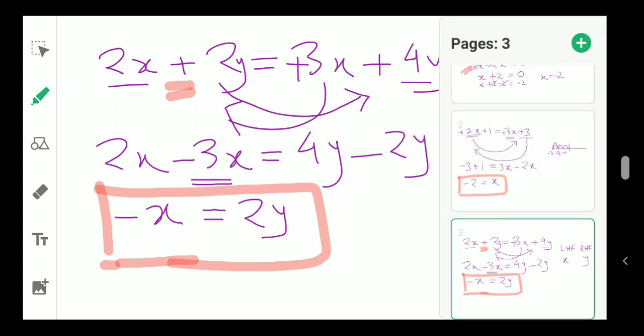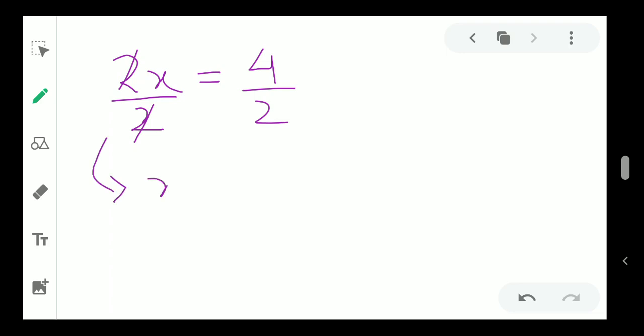The next trick is about multiplication. Let's say I have 2x equal to 4. Usually we divide both sides by 2 in order to cancel this 2 and make x alone, and in the next line we write x equal to 4 by 2.